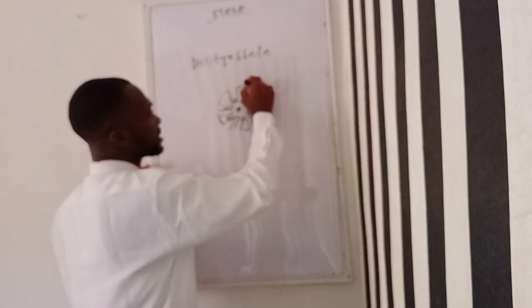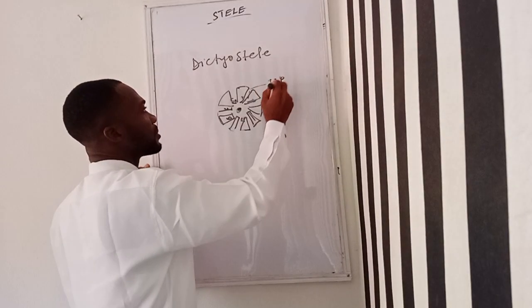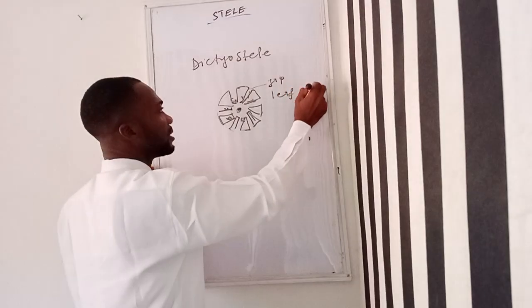Now it has created a gap, and this gap is called the leaf gap.